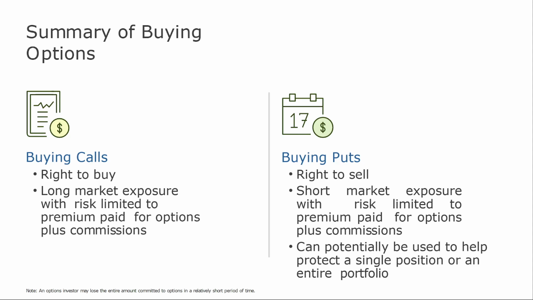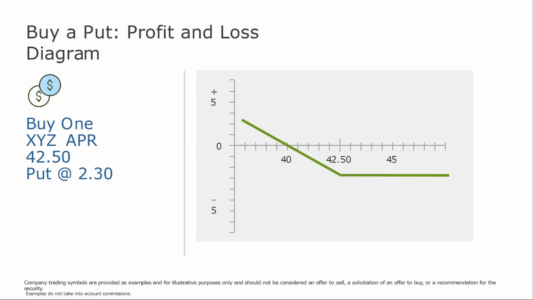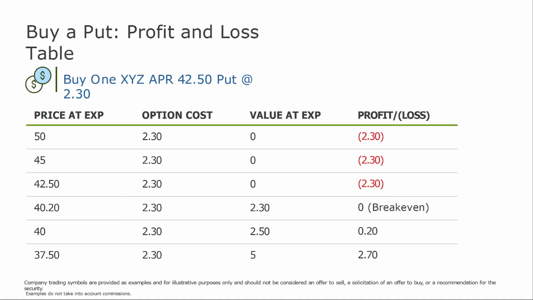So to see the summary of all of this, buying calls gives you the right to buy. Buying puts gives you the right to sell, because maybe I didn't explain this properly. So you see, we have the put at 42.5, and right now the price is 40.